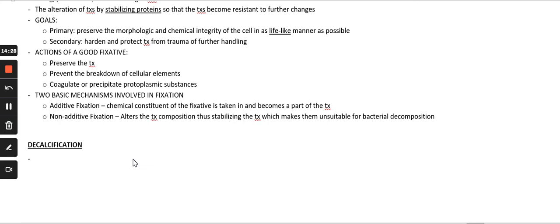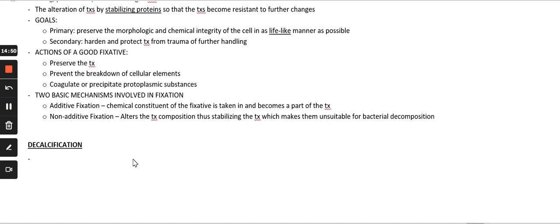Examples of these tissues are bones and teeth, which are calcified tissues. Take note, decalcification should be done after fixation and before impregnation to ensure and facilitate normal cutting of the sections.